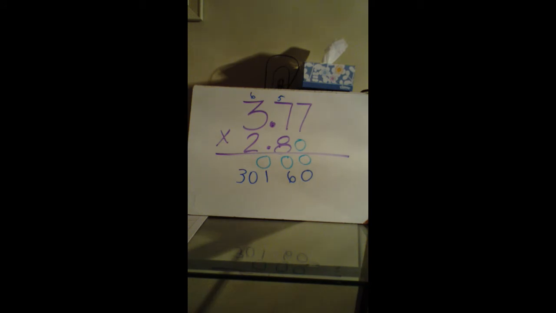Now I'm ready to move on to my 2. So I have 2 places to hold. And now 2 times 7 is 14. 2 times 7 is 14, plus 1 more is 15. 2 times 3 is 6, plus 1 more is 7. So now I'm ready to add my columns.